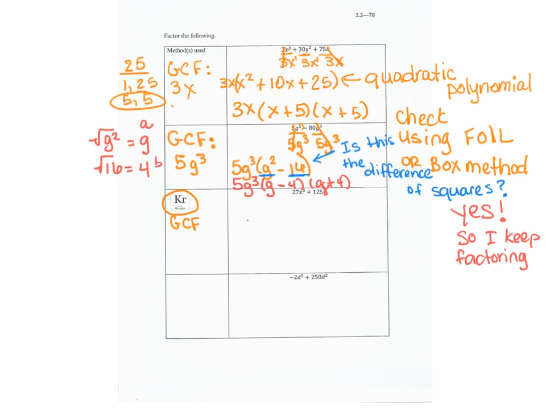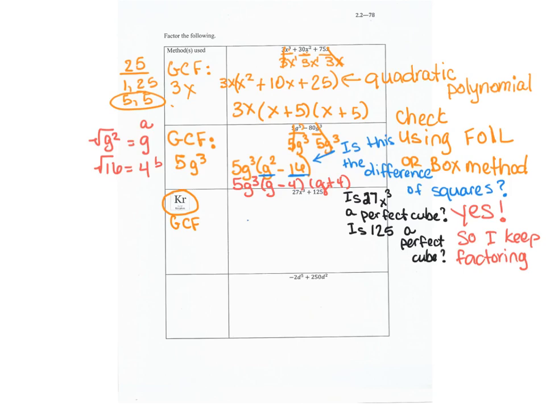So if I look, I need to ask myself, is 27x cubed a perfect cube? So I need to ask myself that question. And then I need to say, is 125 a perfect cube?